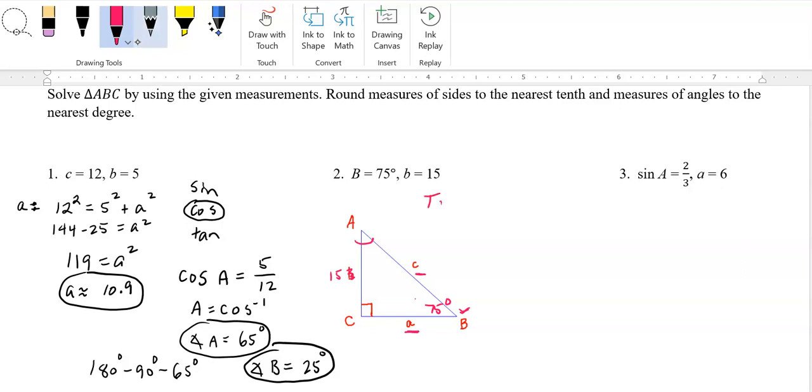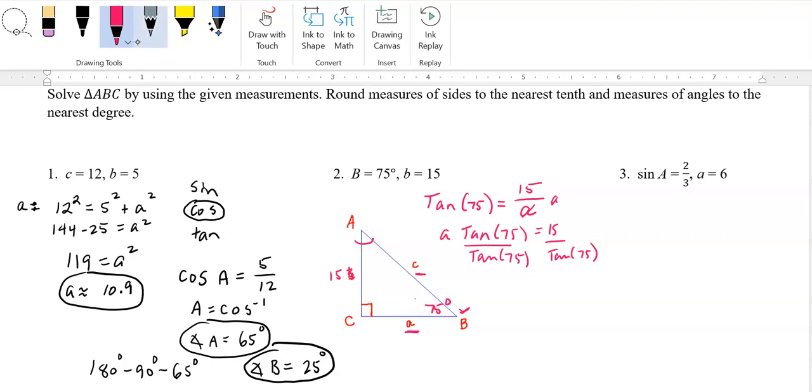All right, so tangent 75 is the opposite side divided by the adjacent side. And then mathematically, to solve for A, I'm going to multiply by A. Just think of it this way, it's going to cancel out the A's. And then I'm going to divide by tan 75 on both sides.